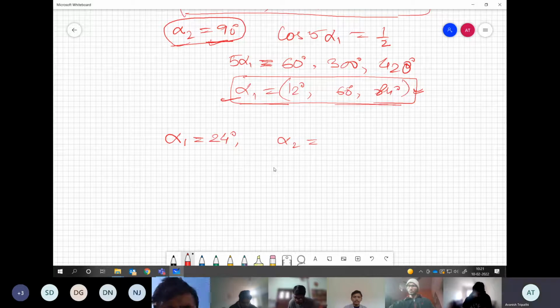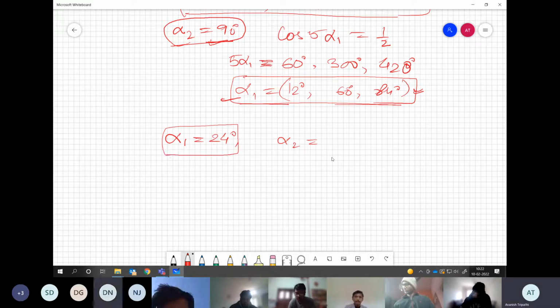What are the solutions for alpha 2? 36 degree.